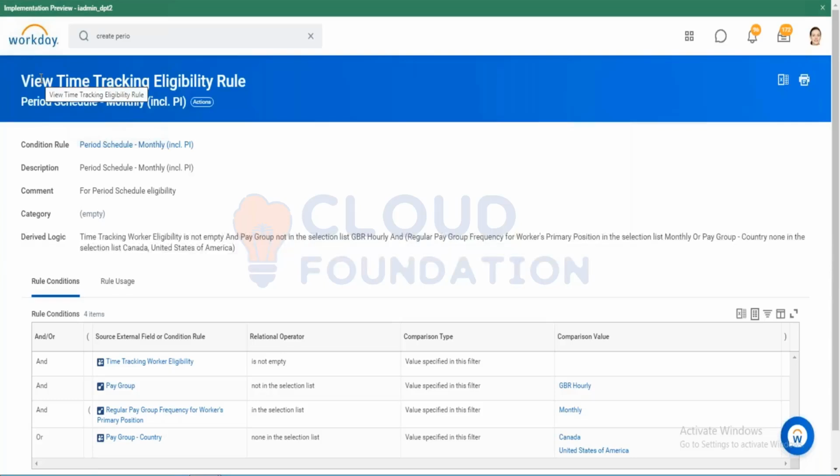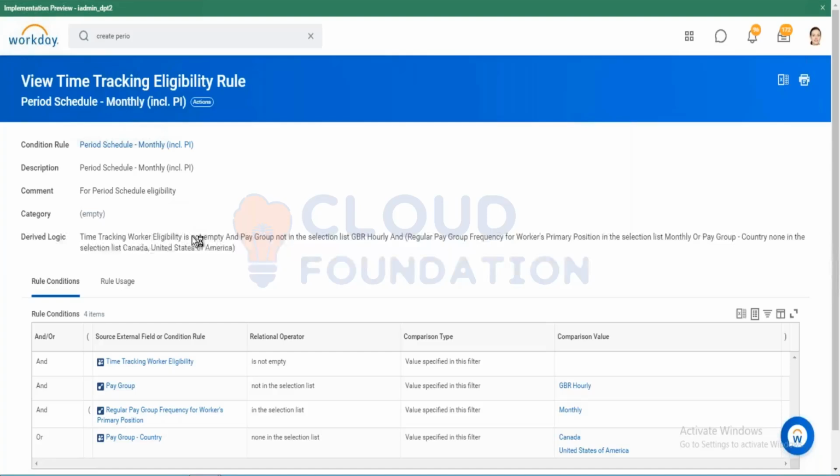They are very dynamic, and very proud of having their own eligibility rules, so they have made it time tracking eligibility. Those workers who fall in this eligibility criteria will be able to use the Workday time tracking period schedule.